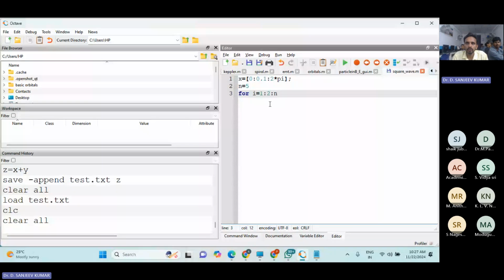For i is equal to 1:2:n. That means i starts with 1 with a step size of 2 and goes up to n.